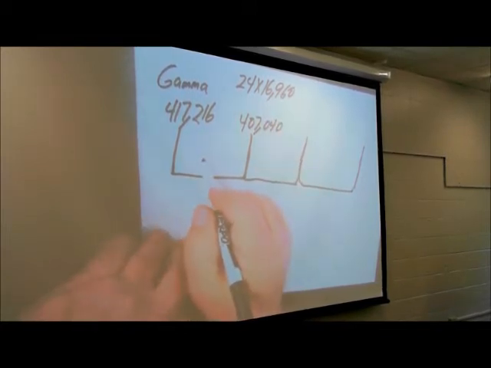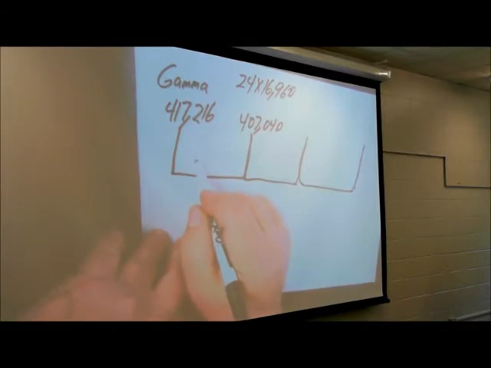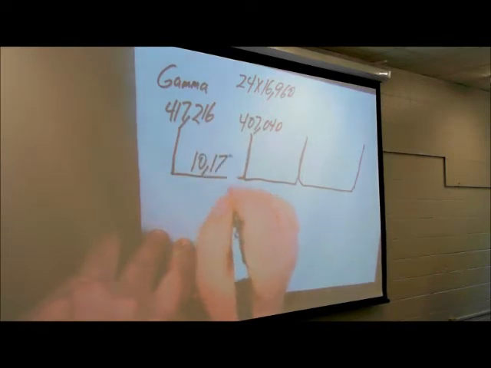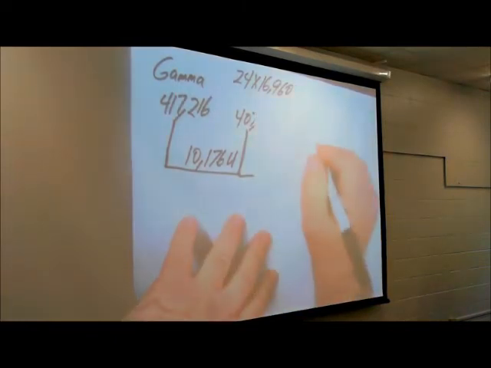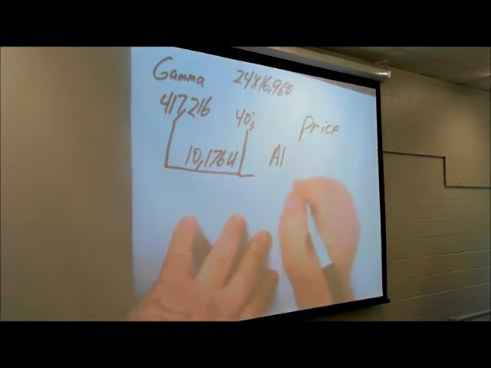And that's going to give me a price variance of what? 10,176? Unfavorable. Now let's just check ourselves for a second here. On a price variance, we had alpha, beta, gamma.